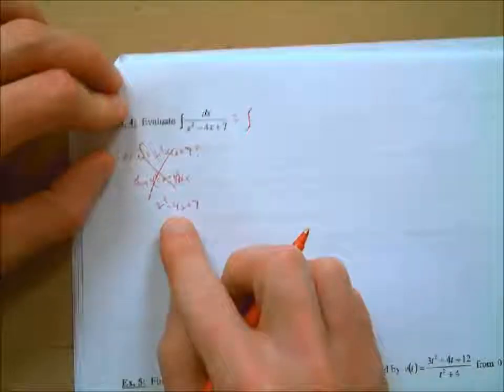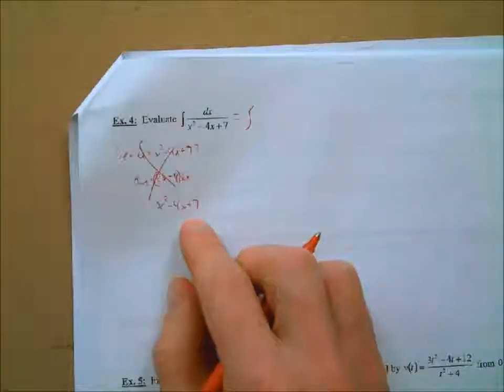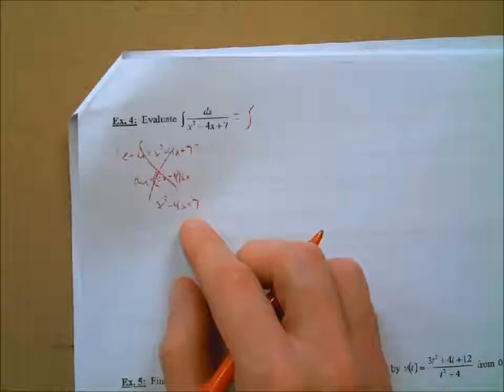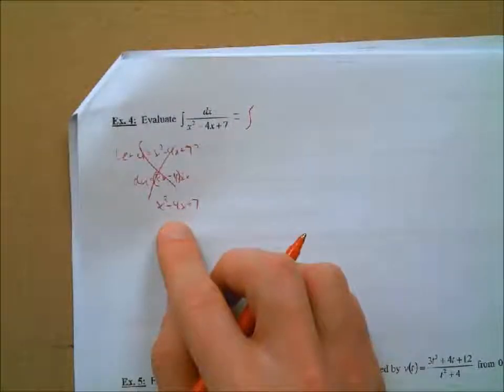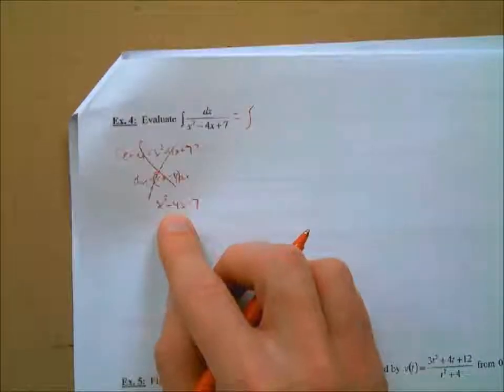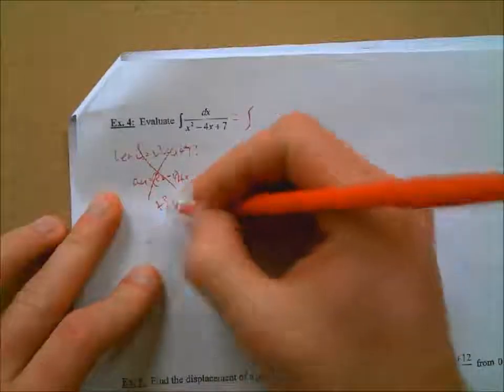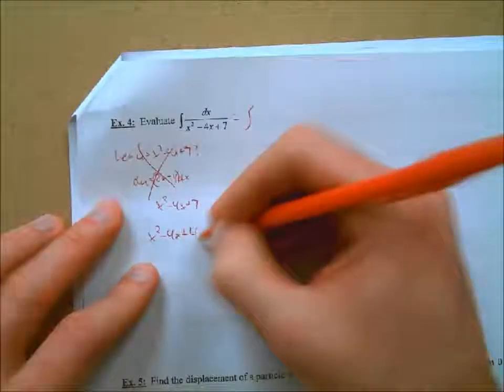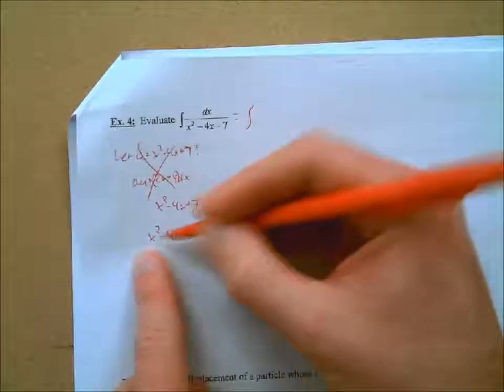So x squared minus 4x plus 7 is not a perfect square, right? Do you remember how we obtain it? What do we do with our b? It's half the b value squared, and so we want this to be x squared minus 4x plus 4, right? That is a perfect square.